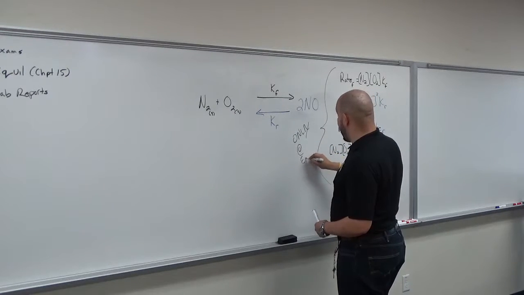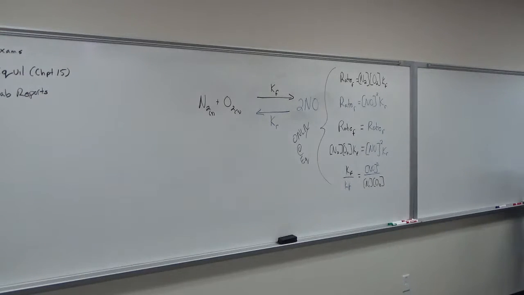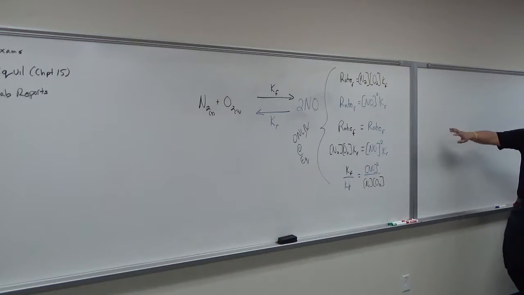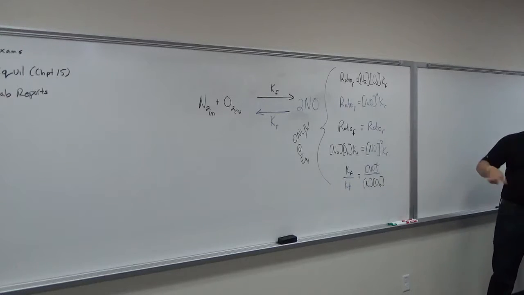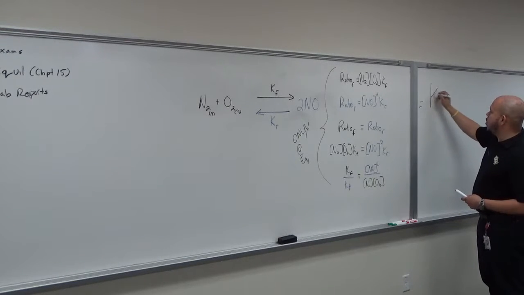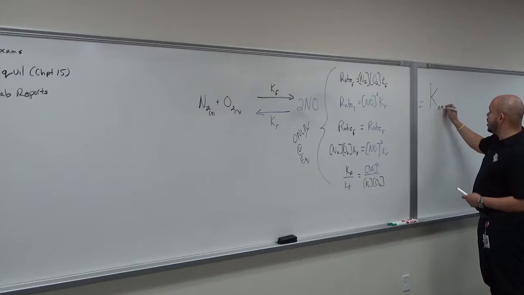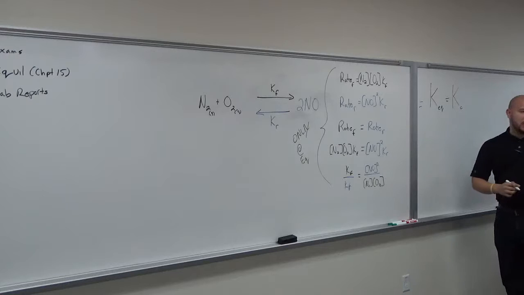All of this, what I just wrote, is only at equilibrium, which is why we didn't even talk about it in chapter 14, because we hadn't even brought up the concept of equilibrium. So what I just showed you is the derivation of the constant, and that constant, Kf over Kr, little k, is equal to what we are going to talk about from here on out, which is big K EQ, which you may also see as big K little c.